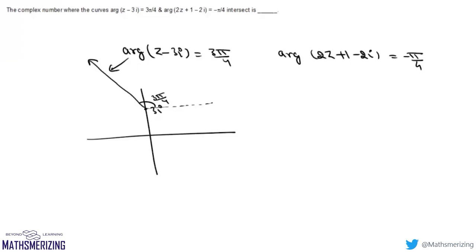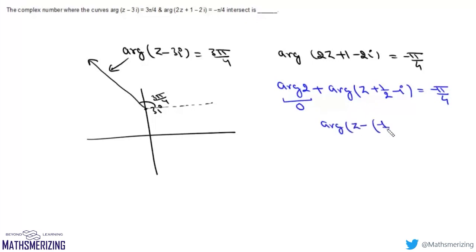Now for the second one, we can write argument of 2 plus argument of z plus 1 by 2 minus iota, it is minus pi by 4. Now argument of real number with positive real part is 0. So we can write this is argument of z minus 1 by 2 plus iota, it is equal to minus pi by 4.